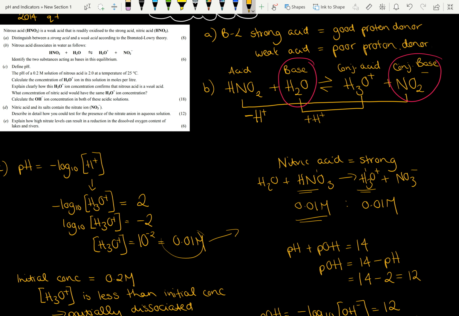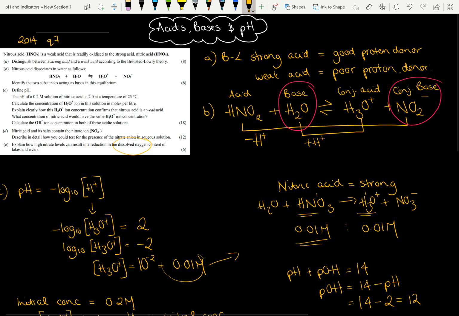Remember our phrase, live fast, die young. So as they die, the bacteria decay the algae, the oxygen gets used up during that decay, and that reduces our dissolved oxygen content. So again, that's in our water chapter, so have a quick look back at that if you're not 100% sure.